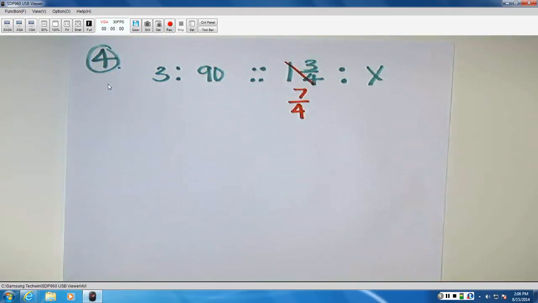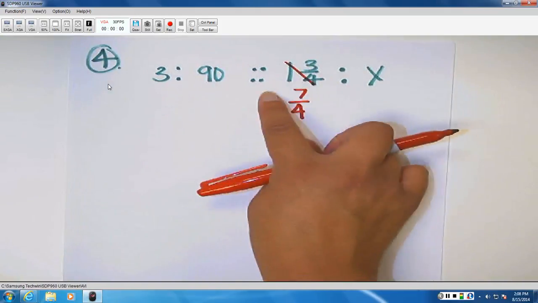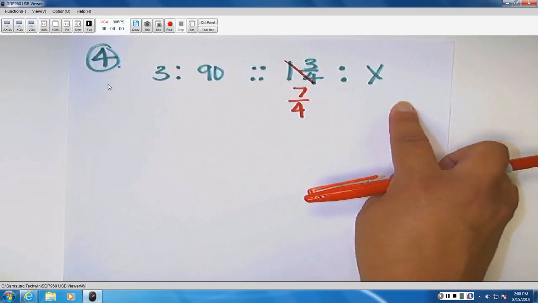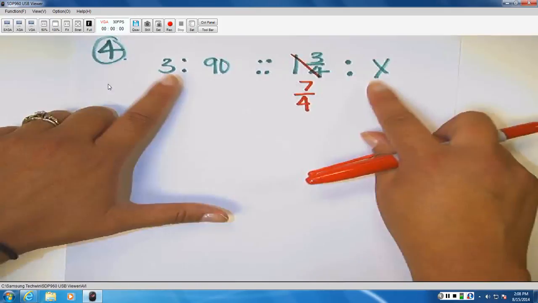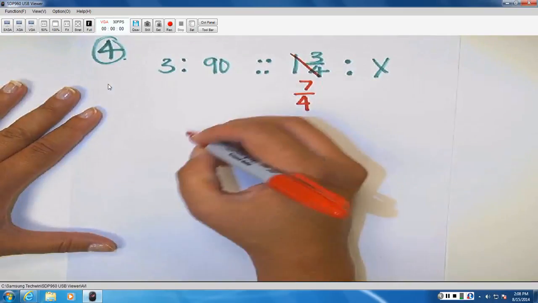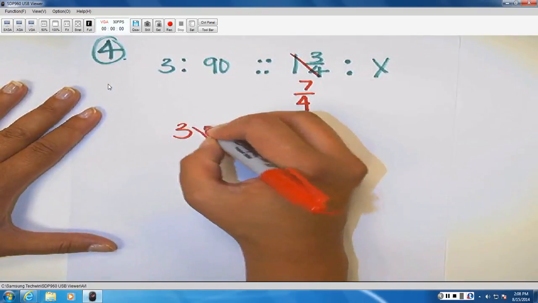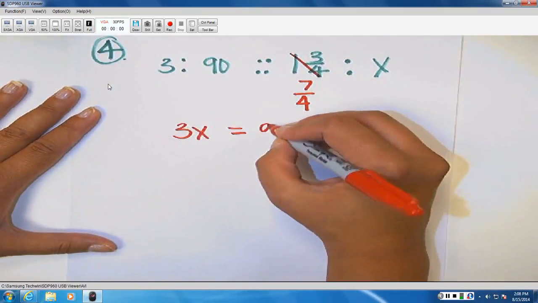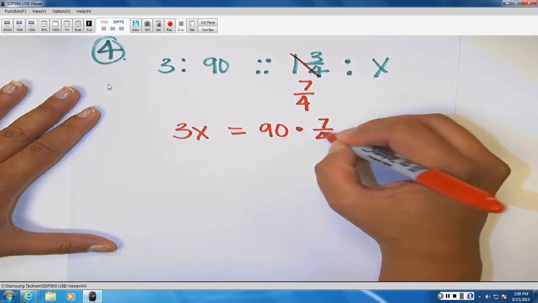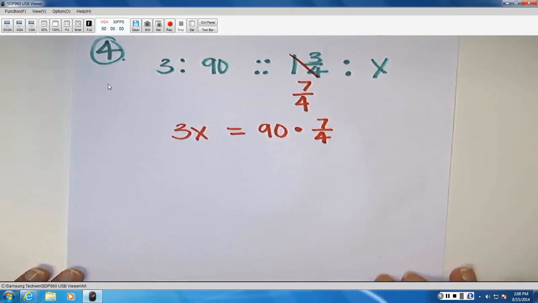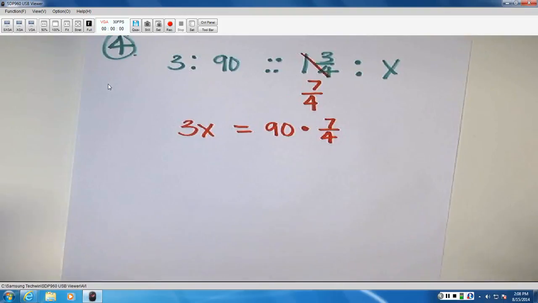Okay? So now we have 3 is to 90 as 7/4 is to x. And now I'm going to set up my equation. I'm going to multiply my extremes together. So 3x equals 90 times 7/4. So I'll just do my simple math.